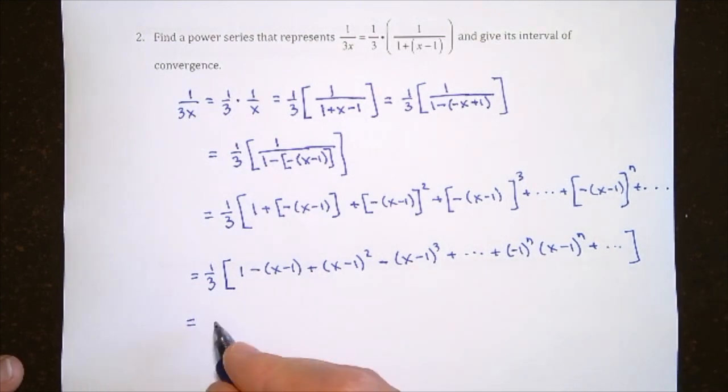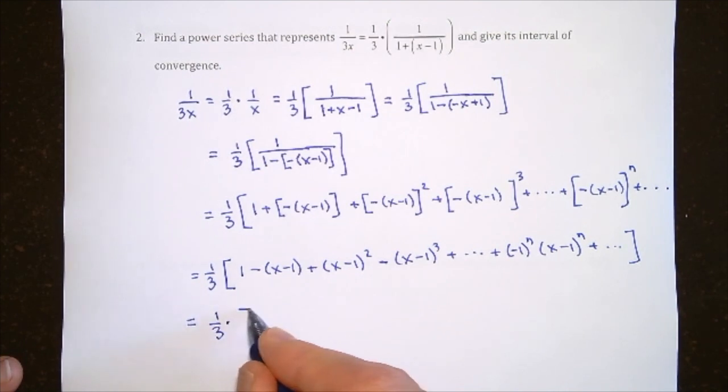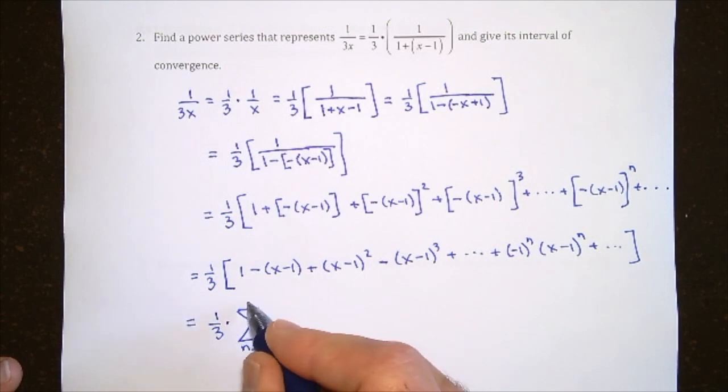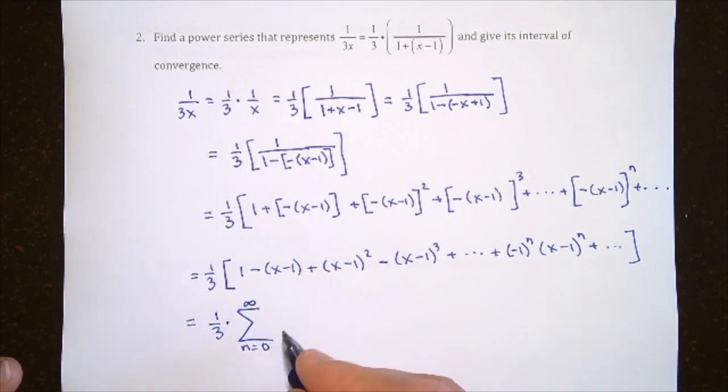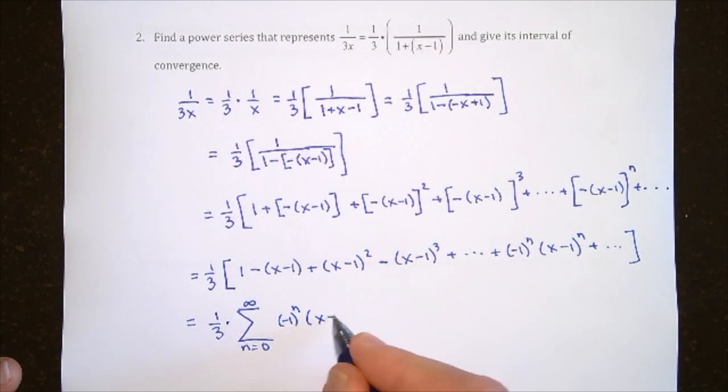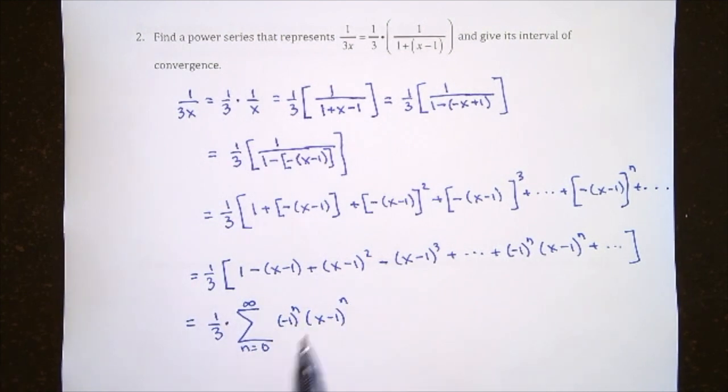Okay, and so this can equal, once again, 1/3 times sigma, n equals 0 to infinity, negative 1 to the n times x minus 1 to the n power.